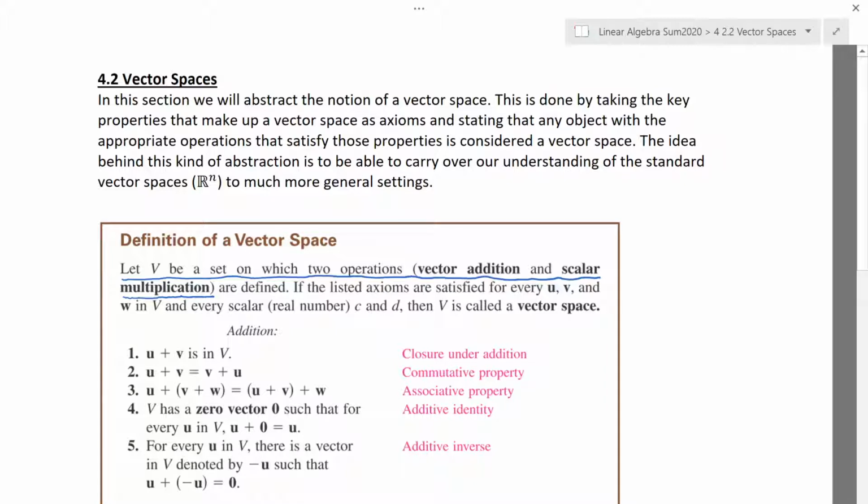In here we're focusing on vector spaces, but this idea of abstraction applies to any kind of object in mathematics, where you take the key properties and try to generalize them to other settings.